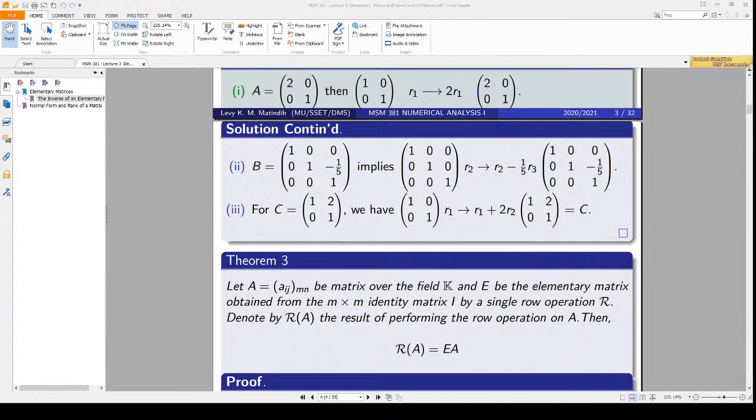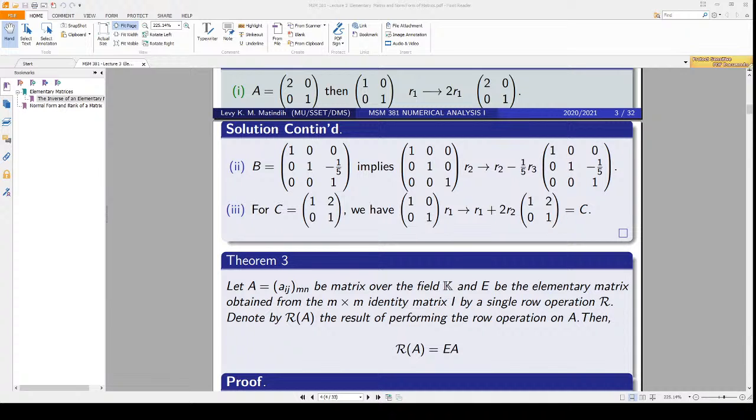In the solution you are seeing here, how can we get matrix B? We can obtain matrix B by applying this operation on the identity matrix. We need to change the element in row 2, column 3 of the identity matrix, which is 0, to negative 1 over 5.